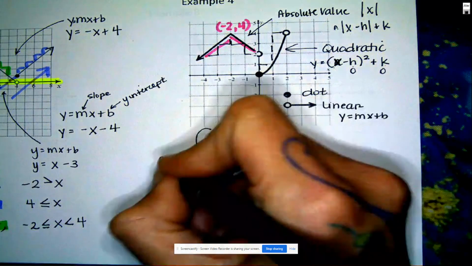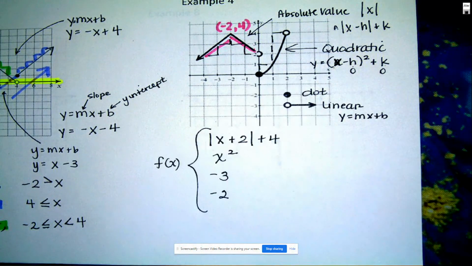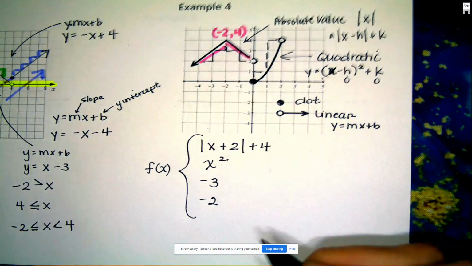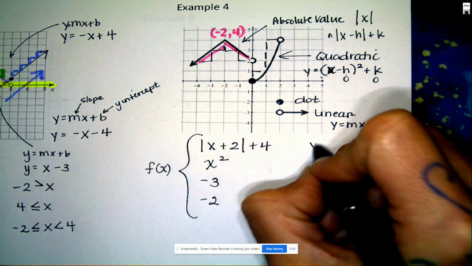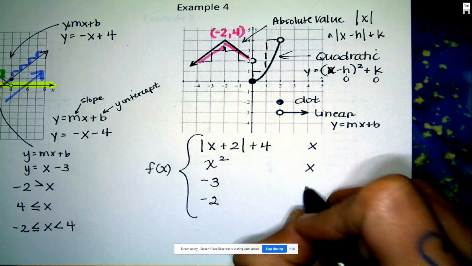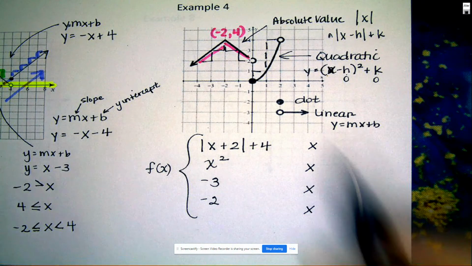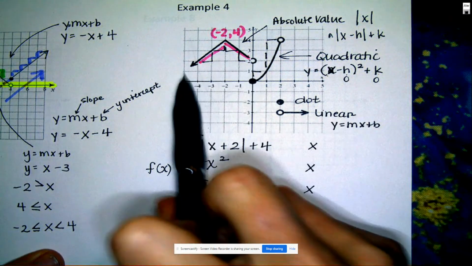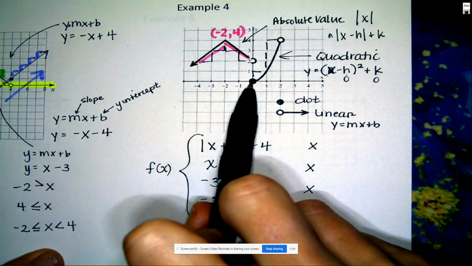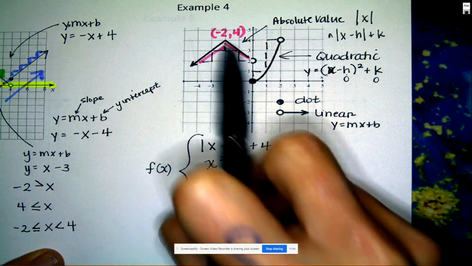So f of x. Now, for our domains, so we're setting them for x, because domains are always x. And I write x all the way down just to make sure I don't get crazy and excited or have to overthink the variable part. So looking at my absolute value, it looks like everything to the left, so smaller than 0, is part of this absolute value function.